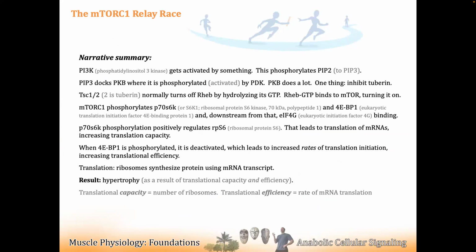And then mTOR phosphorylates stuff. And the things it phosphorylates initiate translation. So we get an increase in translational capacity and efficiency. Efficiency is just a measurement of the protein per mRNA per hour. So just think of turning on translation, turning up protein translation.